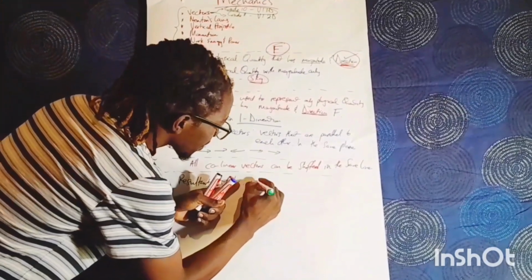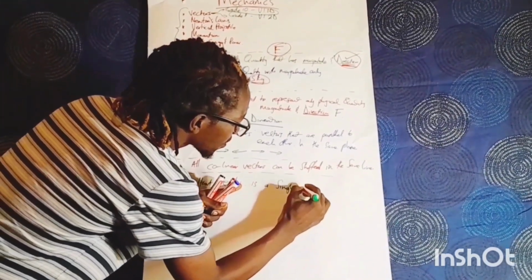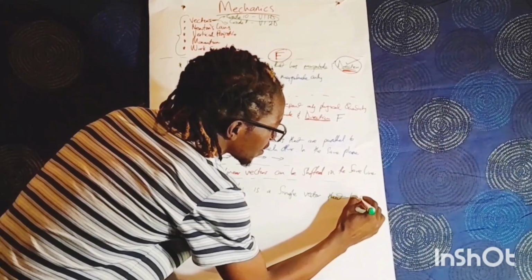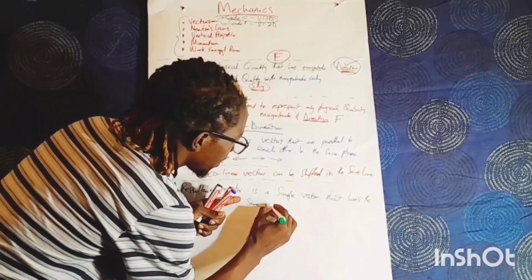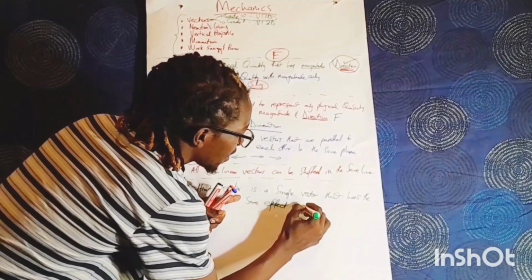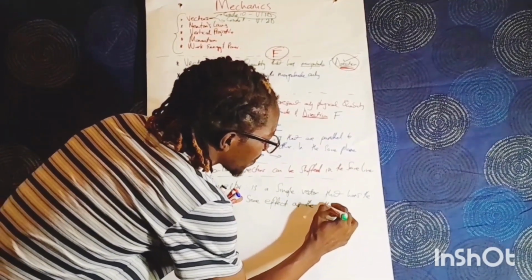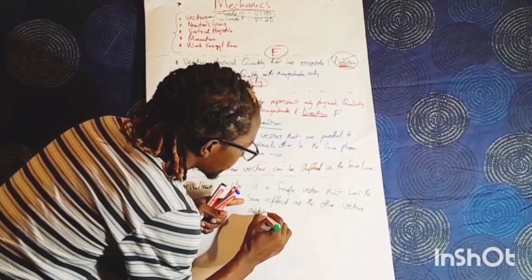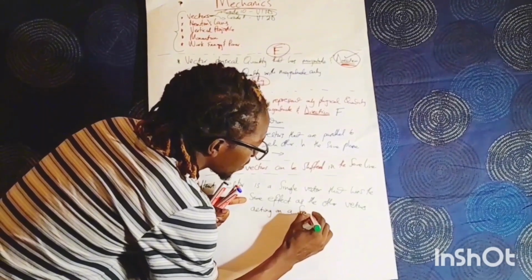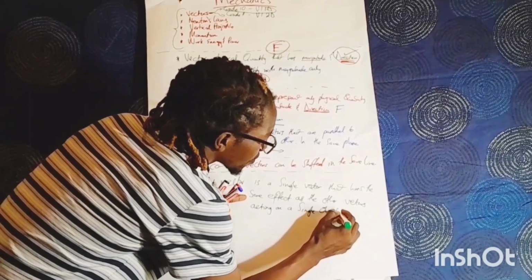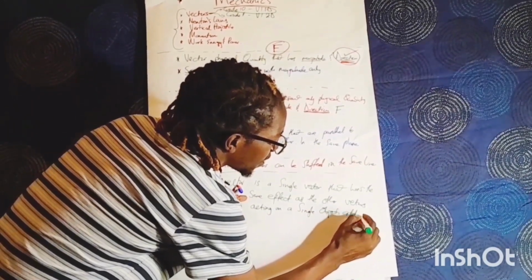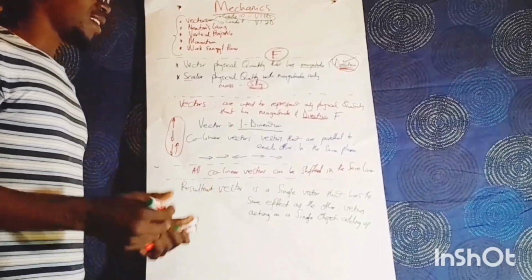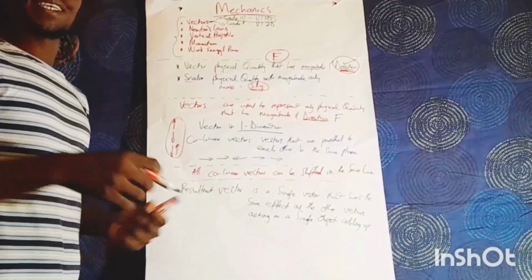A resultant vector is a single vector that has the same effect as the other vectors acting on a single object adding up, right?